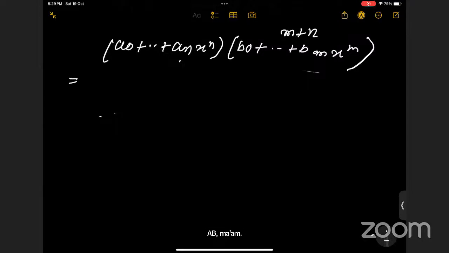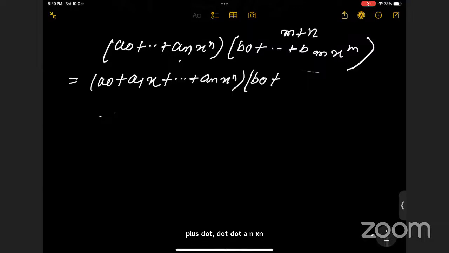Yeah, sure. Let us write some more terms. So a_0 plus a_1 x plus dot dot a_n x^n is one of the equations, and the second one is b_0 plus b_1 x plus and so on. These are the polynomials, right?